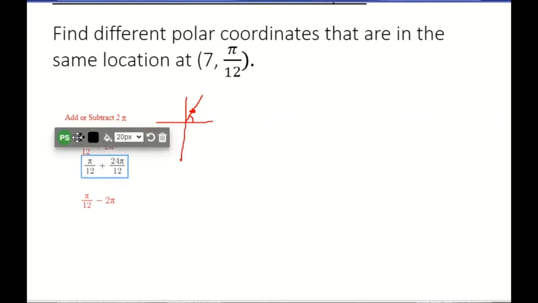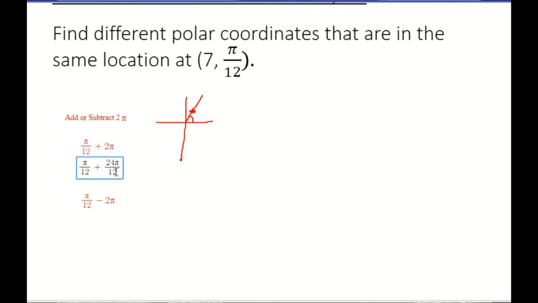Okay. So we can find a common denominator here, and then we can see 1 pi over 12 plus 24 pi over 12 is going to equal 25 pi over 12. So we can do a very similar thing here and subtract 2 pi, and in effect what we're doing is rotating clockwise versus counterclockwise.